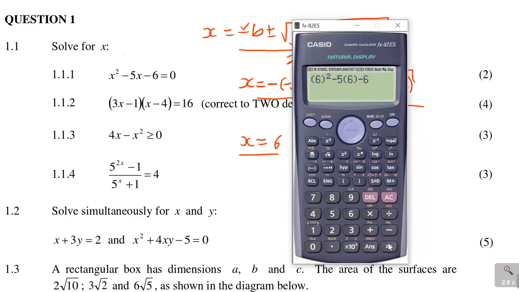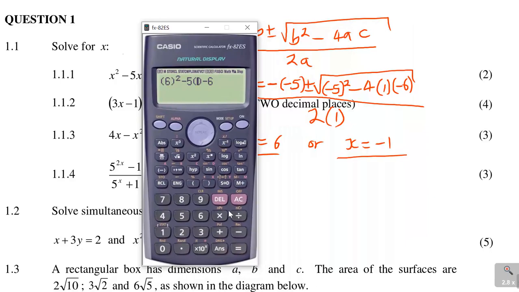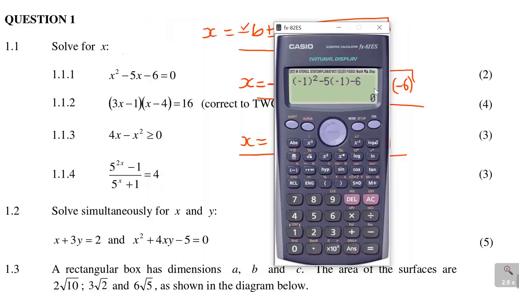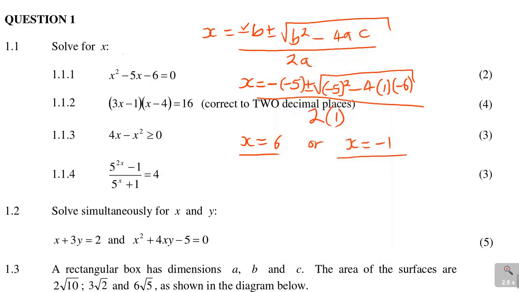It must give you a 0. There you're getting a 0. Playback. Now you put the second value, which is -1. So you have got a -1 where there is 6 now, where there was x. So that is that. It must also give you a 0. That is a quick way to say you are correct.